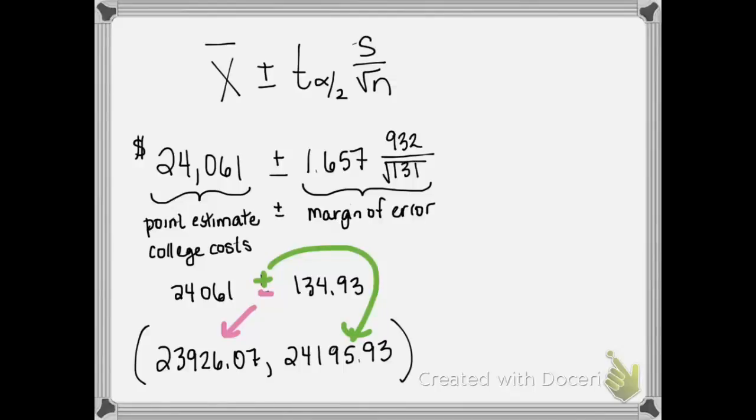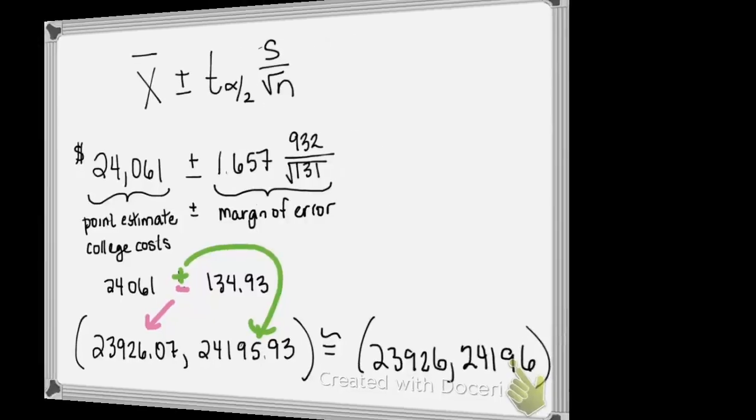So our 90% confidence interval is approximately 23,926 to 24,196. We're 90% sure the true population cost, the cost of all public in-state colleges, would be between 23,000 some and 24,000 some.